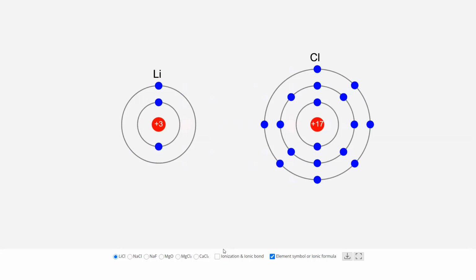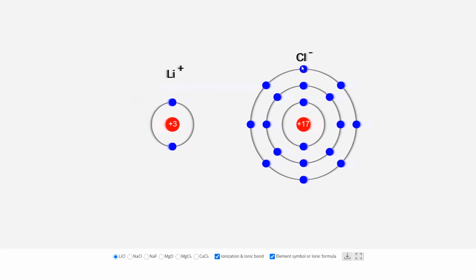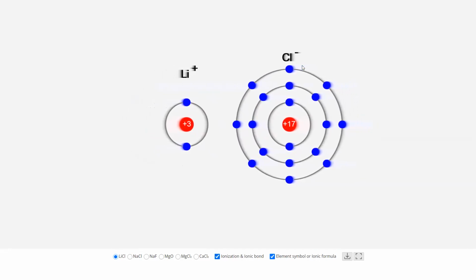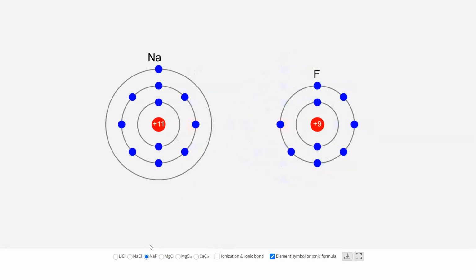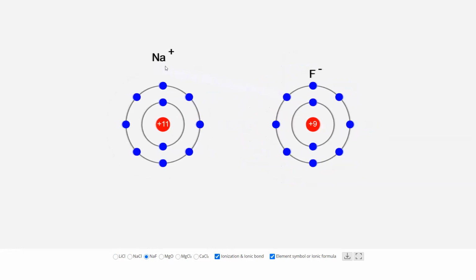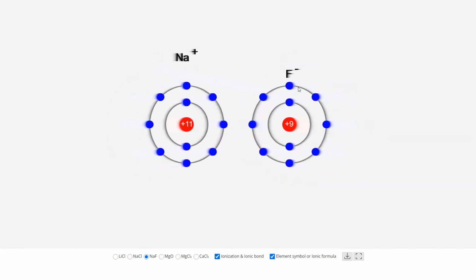So what will happen is it will lose 1, it will give it across, chlorine will gain 1, this becomes positive, this becomes negative, and then they will join together again. Sodium and fluorine, a very similar thing will happen. Sodium will lose 1 because it wants to, fluorine will gain 1 because it wants 1, this will become positive, this will become negative, and they will attract.